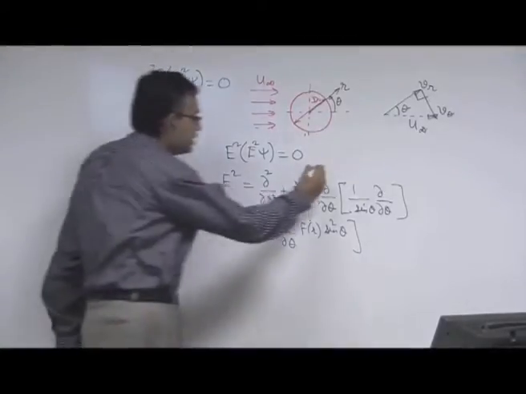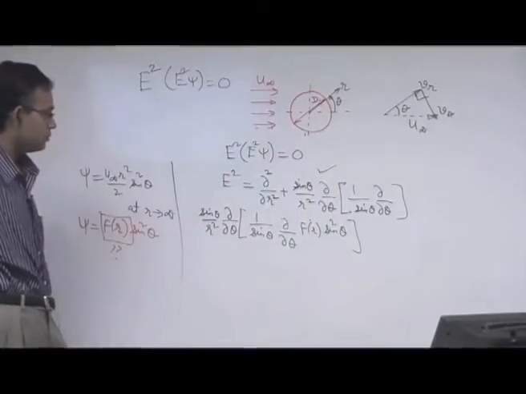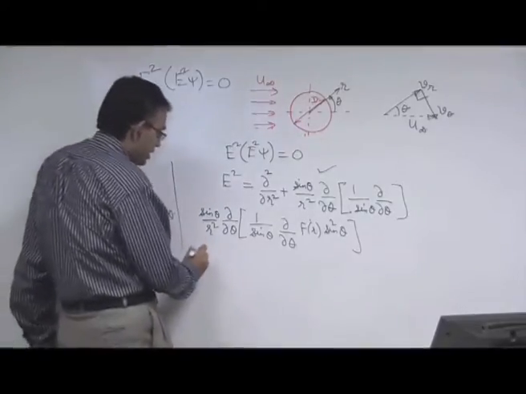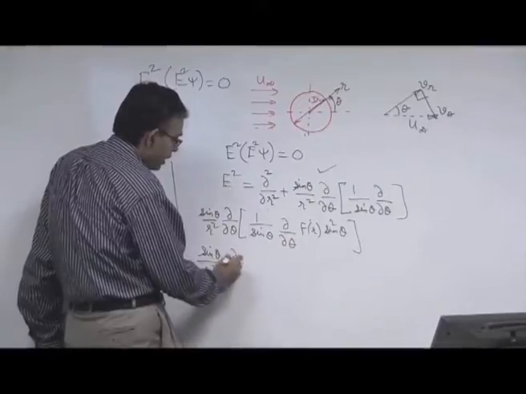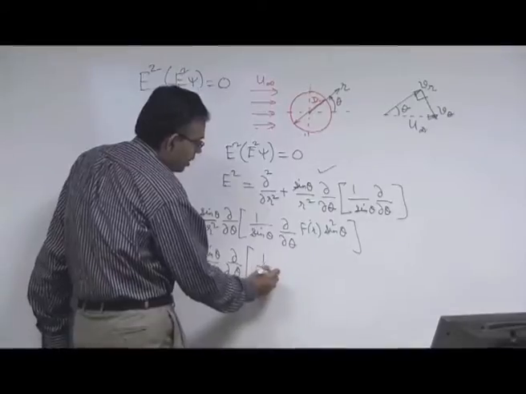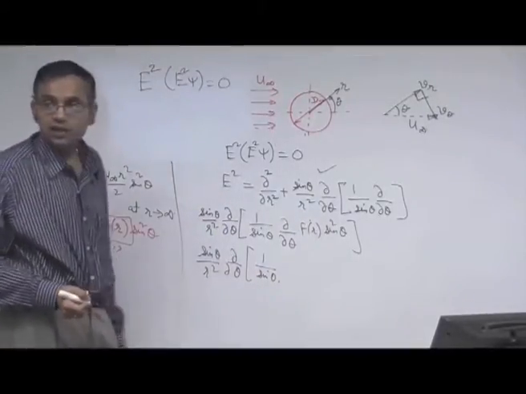We are calculating this term. So, you can write this as sin theta by r square into del theta into 1 by sin theta. Del theta of sin square theta is 2 sin theta cos theta, right.